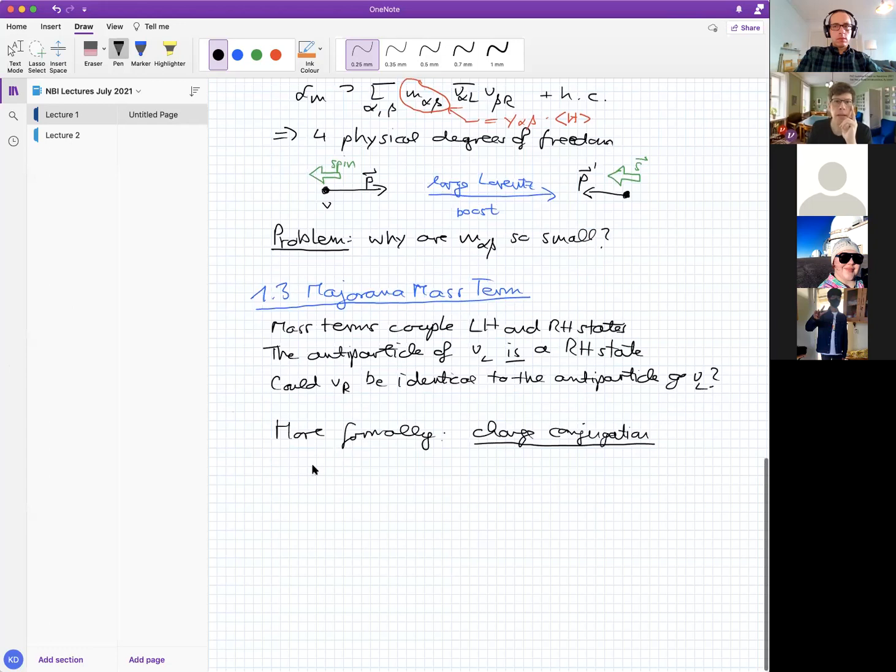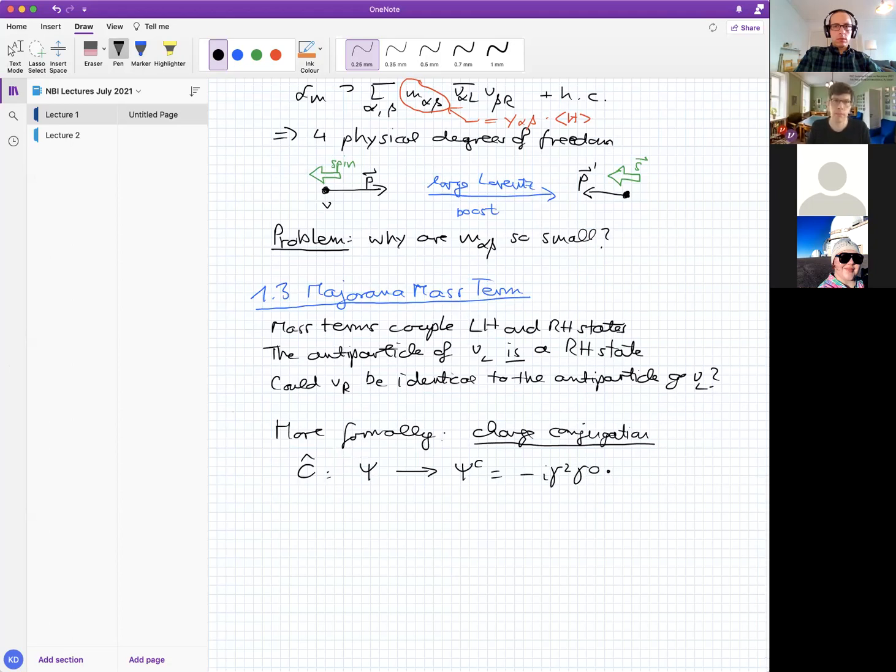So the charge conjugation operation maps a field psi to a field psi charge conjugate. This is indicated by a superscript C conventionally. And that is defined as -i times gamma 2, gamma 0 times psi bar transpose.